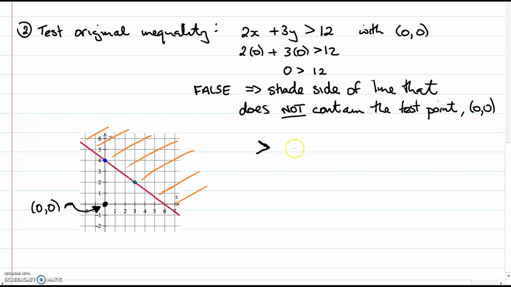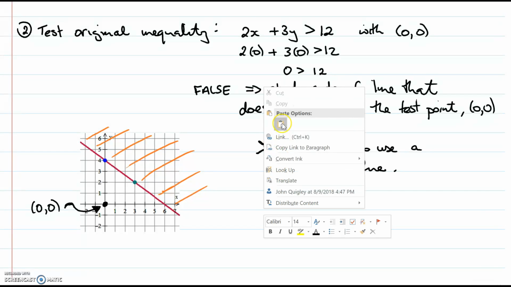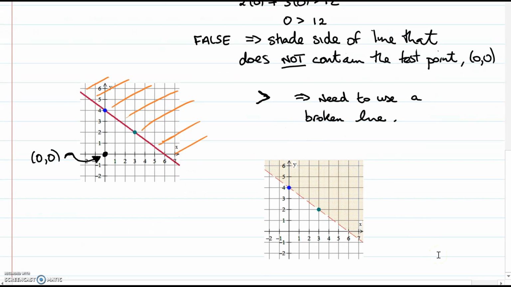So if it's greater than, that means we need to use a broken line. So we're not completely finished yet. We're going to import now the final answer that has this dividing line broken. And that line now looks like this. So we've got our broken line, and we've got the area shaded, the area that does not contain (0, 0).